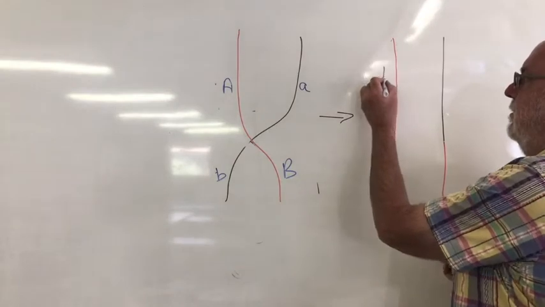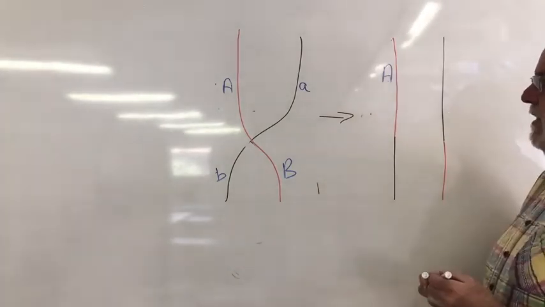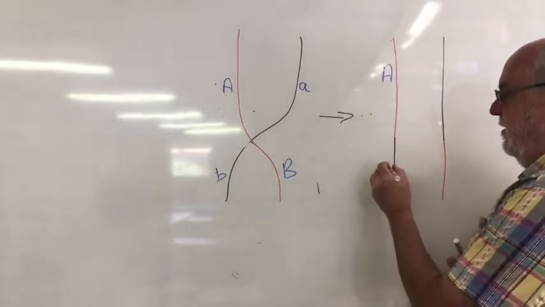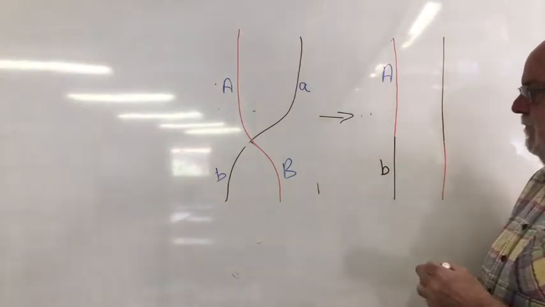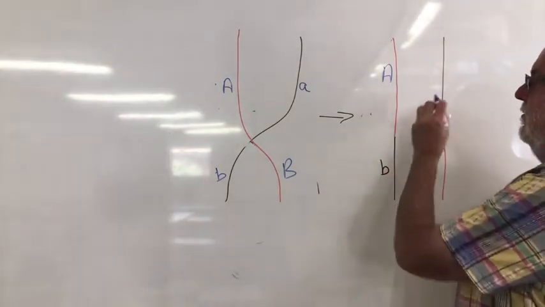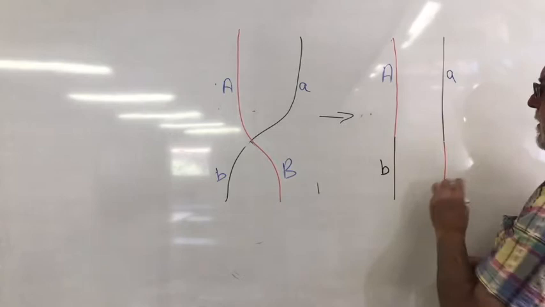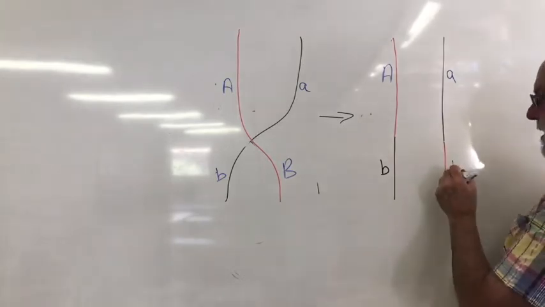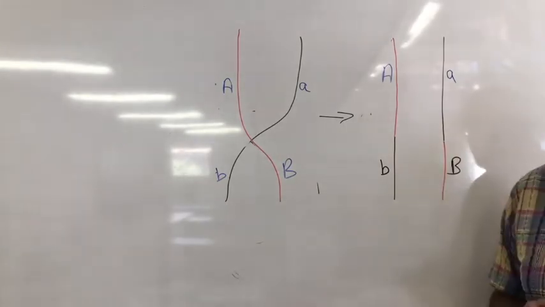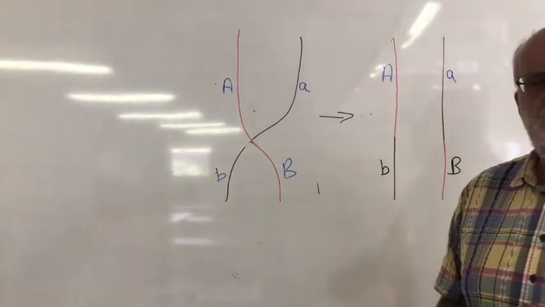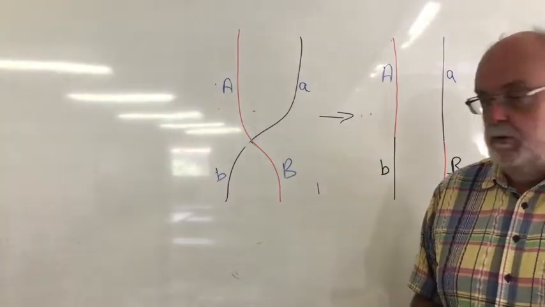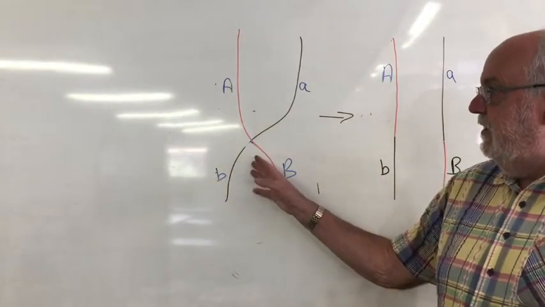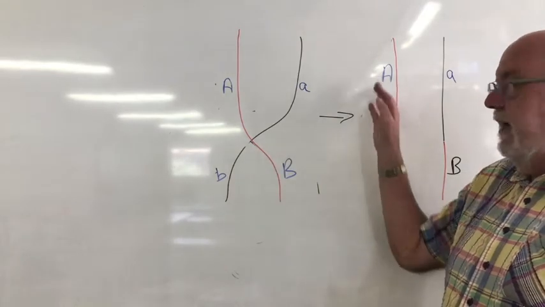Now we've got capital A there, and little b there. We've got little a there, and capital B there. So, whereas the genes were linked before, after crossing over, it's possible that they are separated.